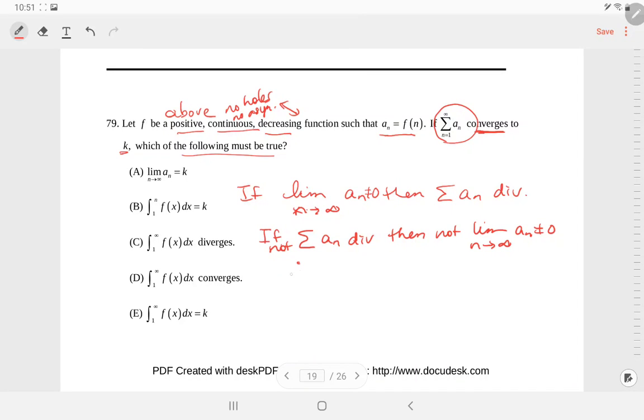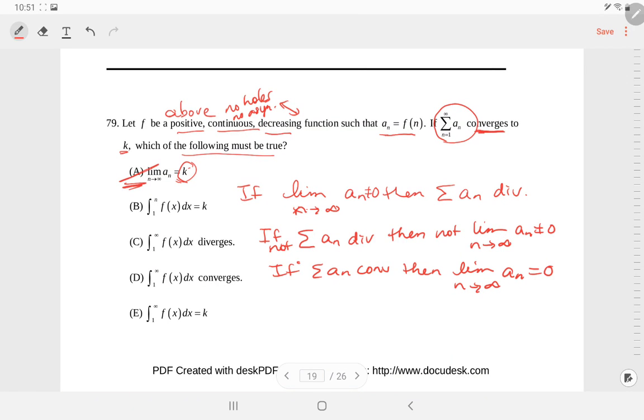So if you not these, this one would say if this converges, this is called the contrapositive from geometry, then what's not, it does not equal 0? Well, that means it equals 0. Okay, so that kind of looks like A, but this would have to be 0 and not K. So I would say that's a no.